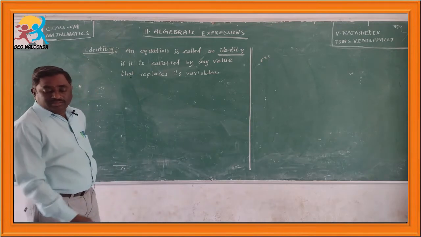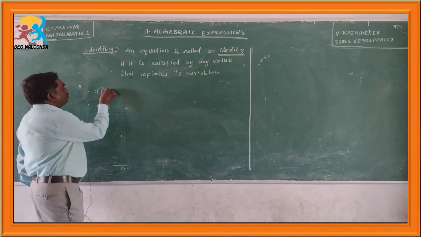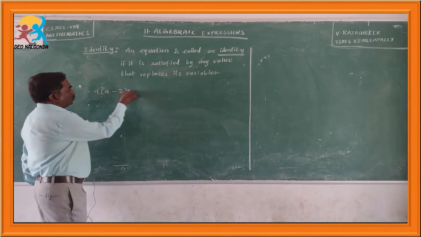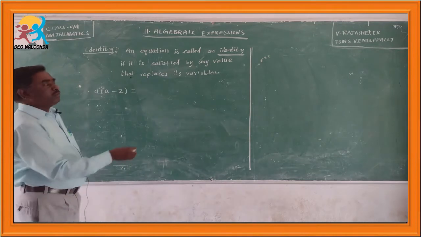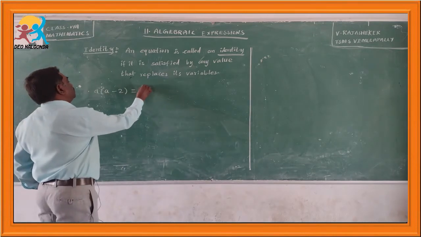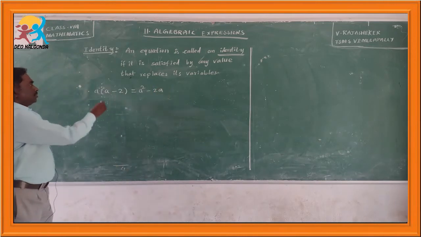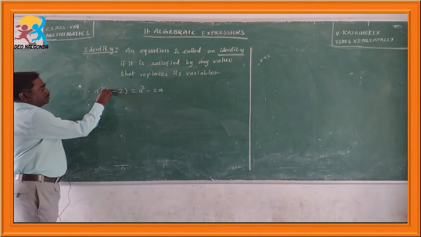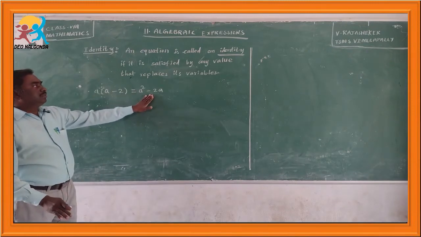Let us consider a of a minus 2 is equal to a square minus 2a. Here it is an equation.